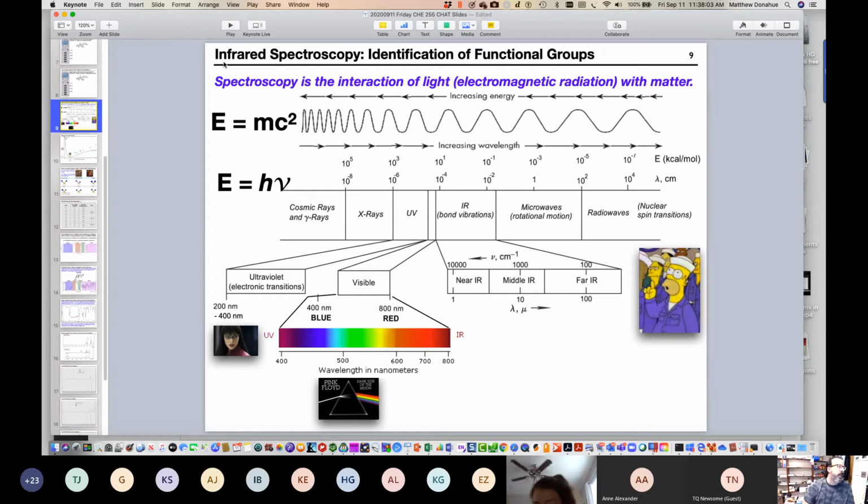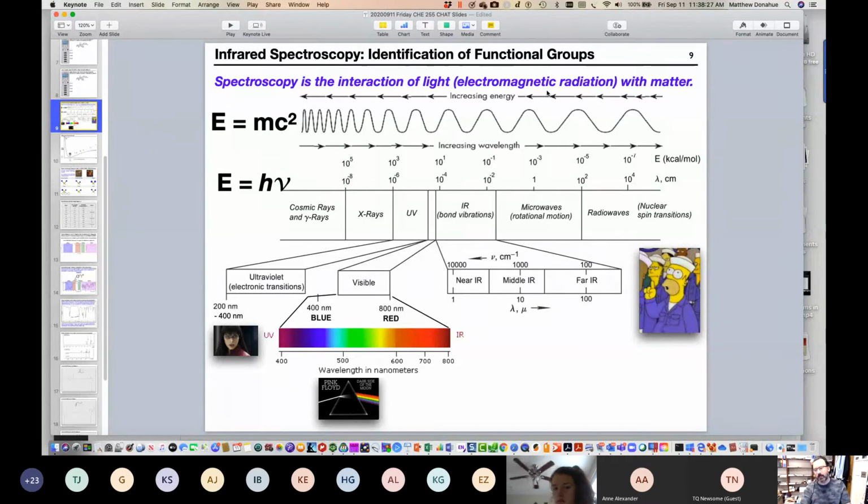But anyway, infrared spectroscopy is an instrumental technique that is used for the identification of functional groups. So spectroscopy deals with electromagnetic radiation, and that may sound scary, but the light that you see bouncing off my forehead here, that is radiation.